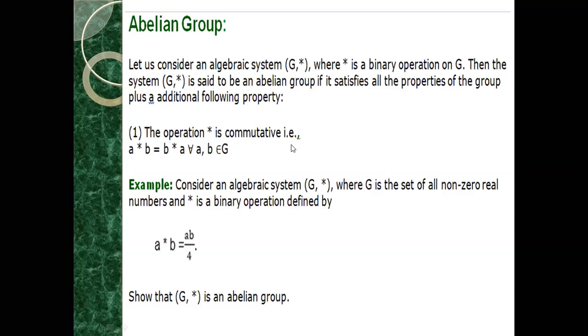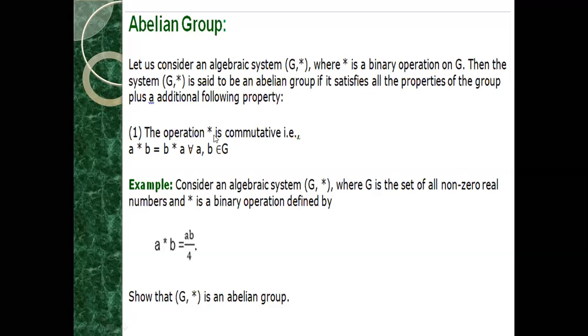For a, b belongs to G, when this binary operation is commutative, it means a star b is equal to b star a for all a, b belongs to G. Okay.